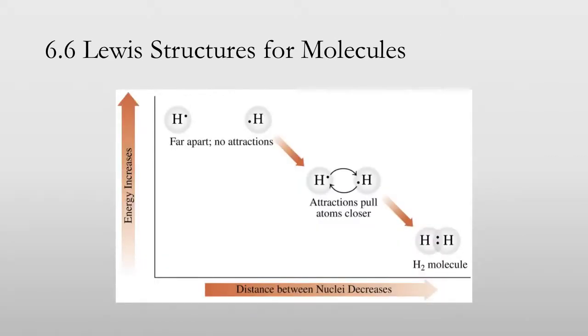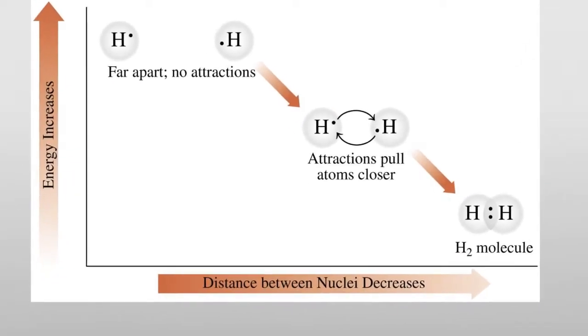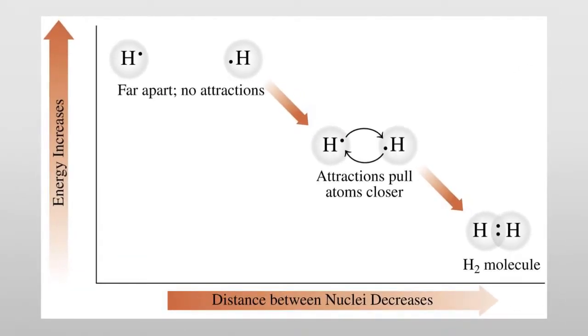This picture here shows you what happens when 2 atoms of hydrogen come together. And you can see we have energy increasing up in the y-axis and the distance between the nuclei decreasing as we go to the right of the horizontal axis. So the atoms are getting closer and closer together here.